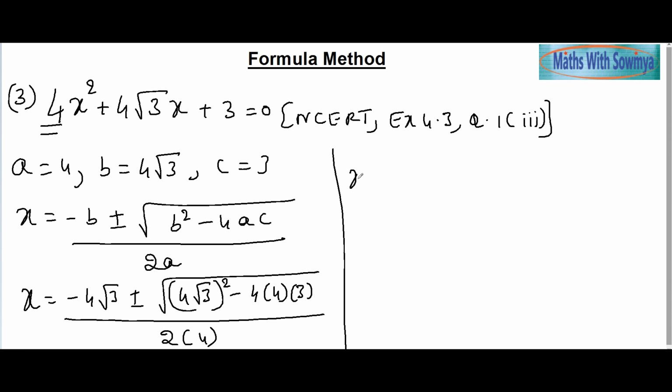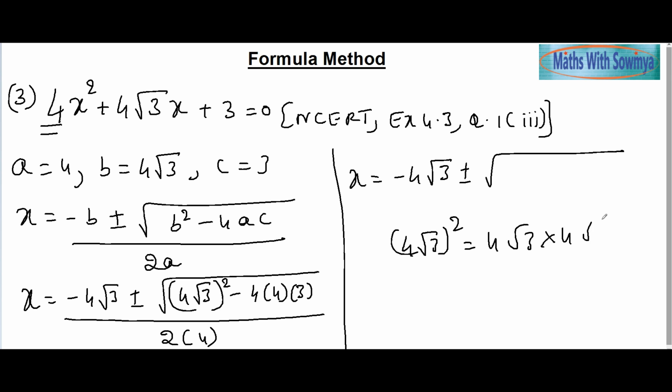Now, x is minus 4 root 3 plus or minus root of b square is 4 root 3 square. So, 4 root 3 square is 4 root 3 into 4 root 3.